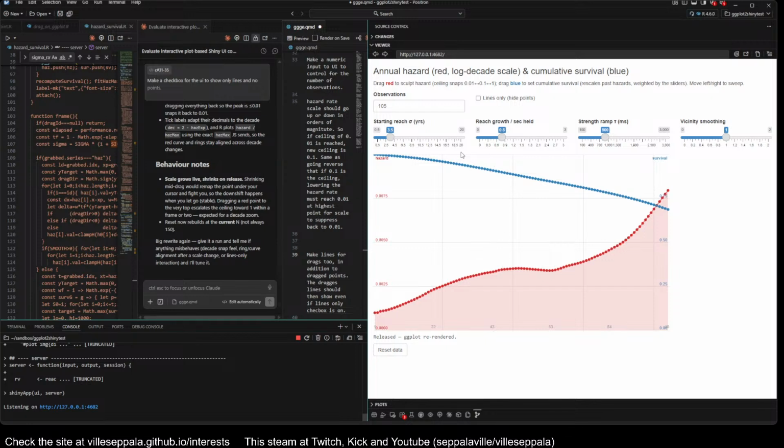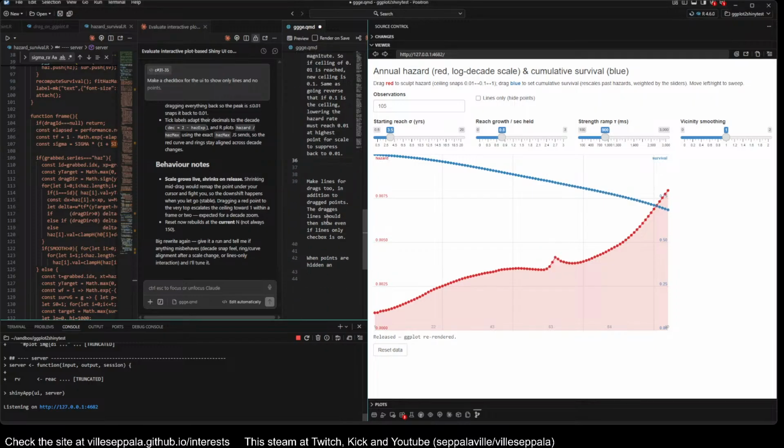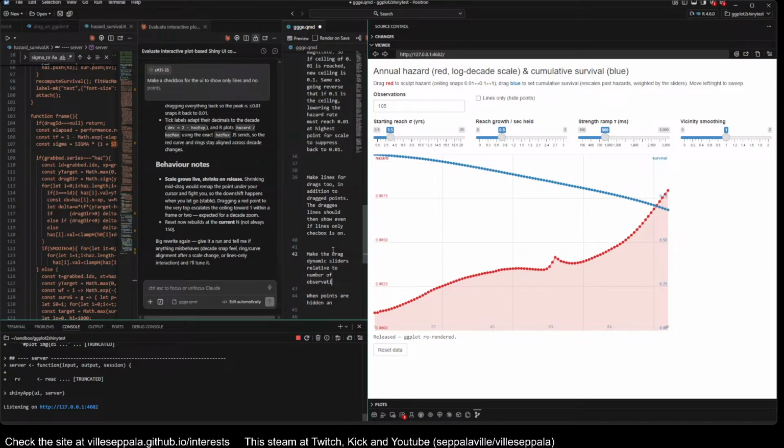So I'm thinking, could there be a way to make these relative to the number of observations?